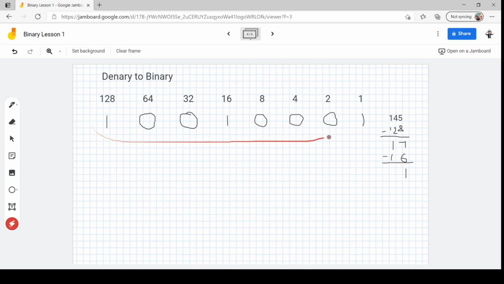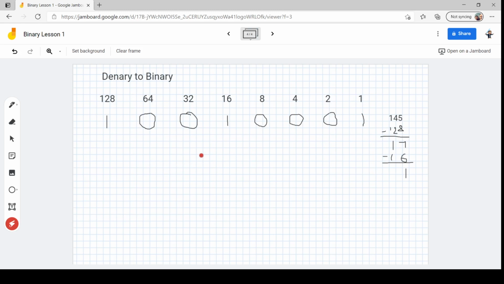So 145 in binary is 10010001. When you type 145 into your computer, this is what the computer actually stores, assuming it's an 8-bit machine.